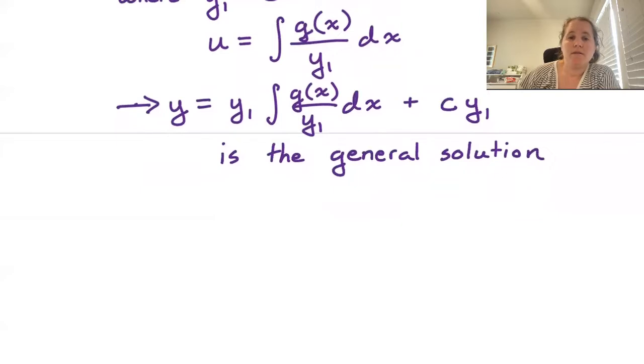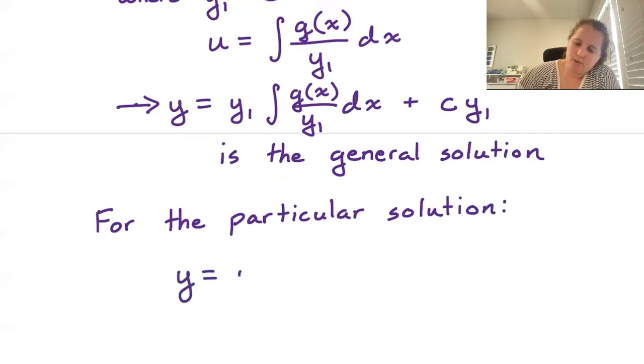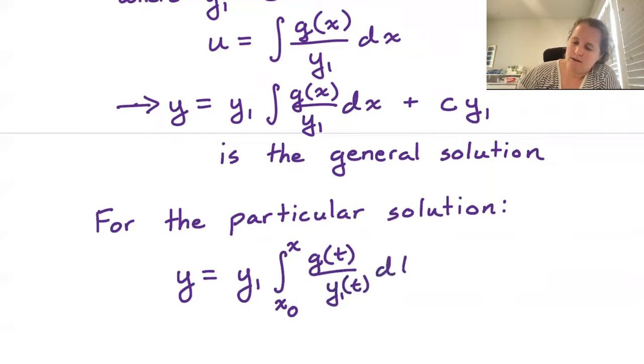Okay. And then to make our lives easier, for the particular solution we can do a definite integral. So we can take y to be y1 times the definite integral from x naught, our initial condition, to x of g of t over y1 of t dt plus c times y1.